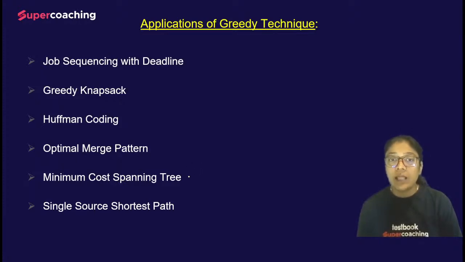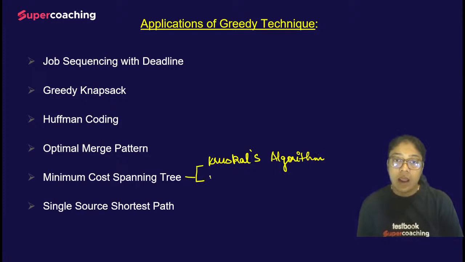Can somebody tell me what are the algorithms available for minimum cost spanning tree and for single source shortest path? We have two algorithms for minimum cost spanning tree. One is Kruskal's algorithm, and the other one is Prim's algorithm.